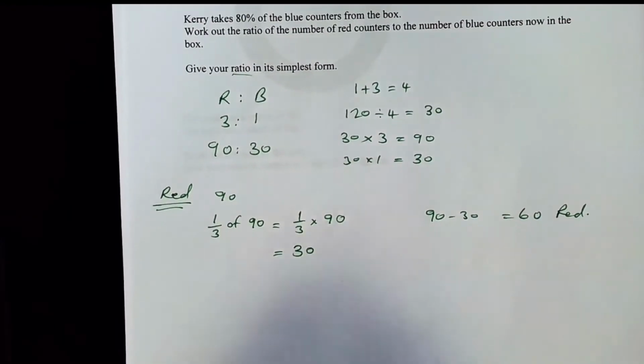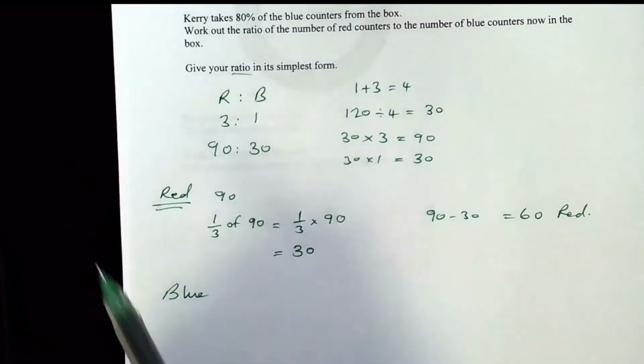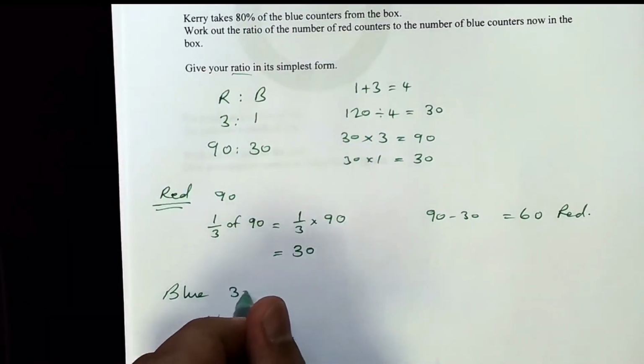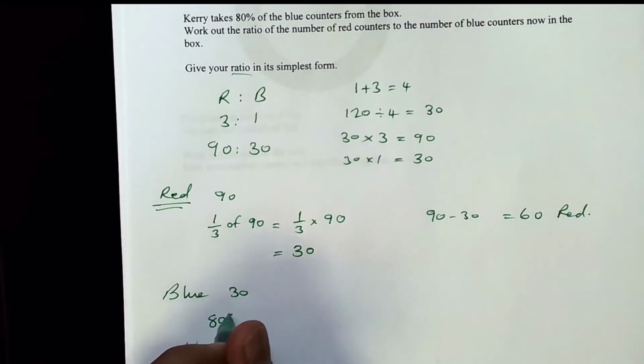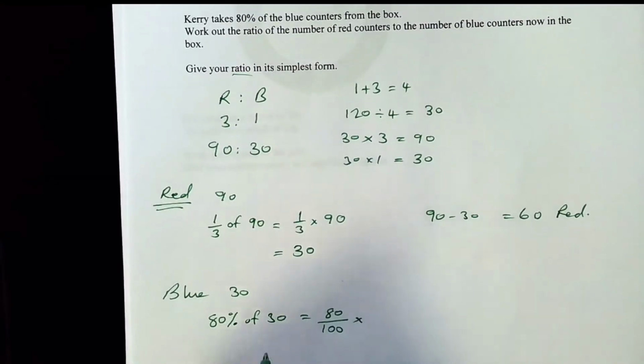The next part for the blue counters. Kerry takes out 80%. So we start off with 30. So 80% of 30 is equal to 80 out of 100 times 30.